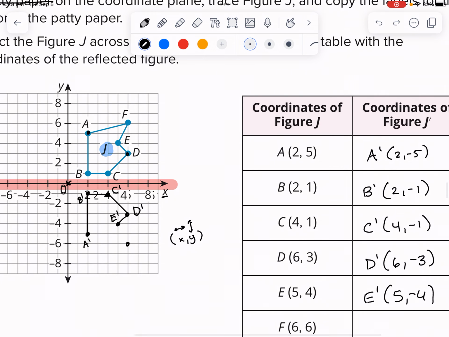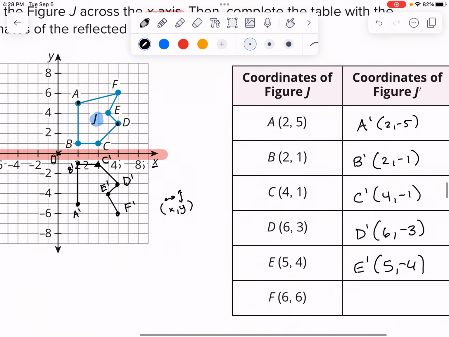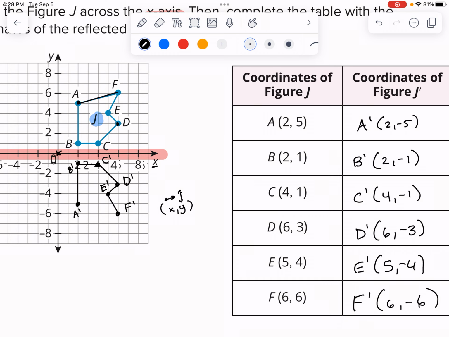So right here is F prime, and that coordinate is 6, negative 6, since I'm going 6 to the right, oops, too far, and then 6 down to get to that point. Since A connects to F like this, A prime should connect to F prime, so let's just make sure that that's connected.